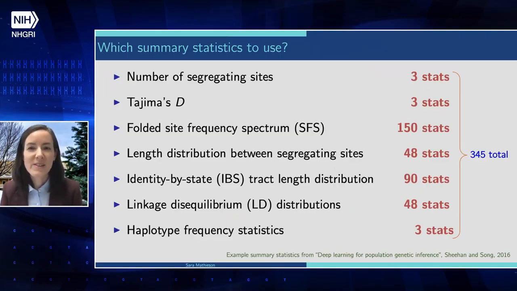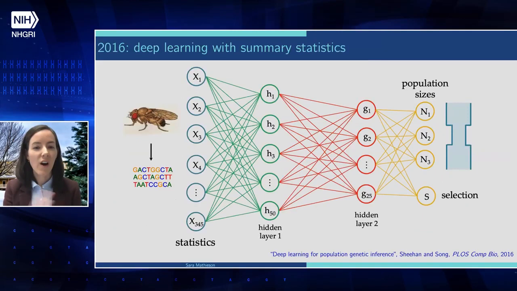So one usage of machine learning is really to identify important features or distill down combinations of features that will be really useful for a problem of interest. So what we decided to do was feed all of these summary statistics into a deep learning method. The deep here just means these multiple layers, and actually infer both selection and population size changes.